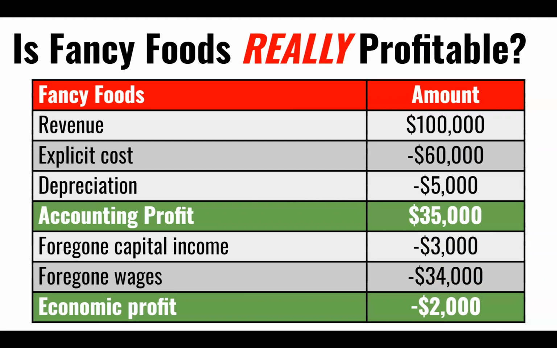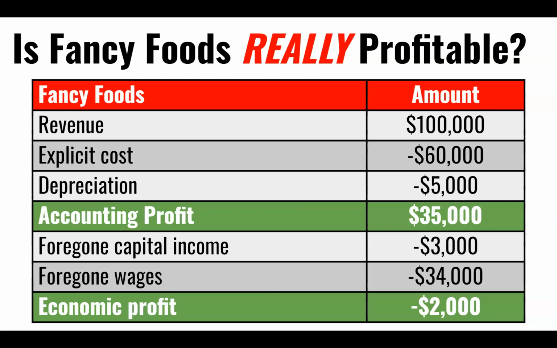Because we could look and say, all right, the accounting profit is $35,000, but I could have instead worked a job on my own and not relied on the restaurant, in which case I would have been paid $34,000 in salaries.